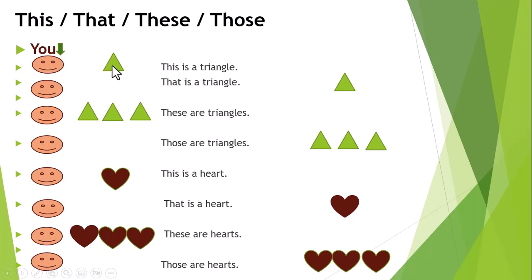And the things which are close to you, if you have to describe them, you're going to say, this is a triangle. Now, when the same objects are a little far away from you, you will say that is a triangle. Okay?